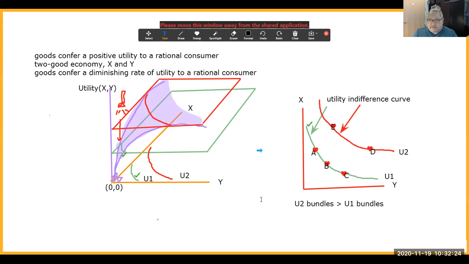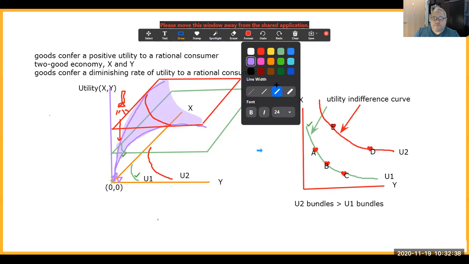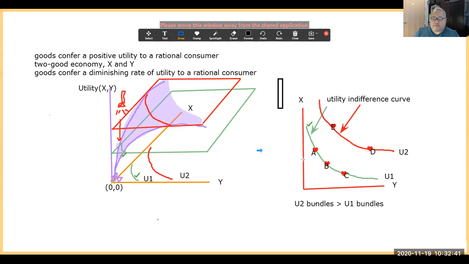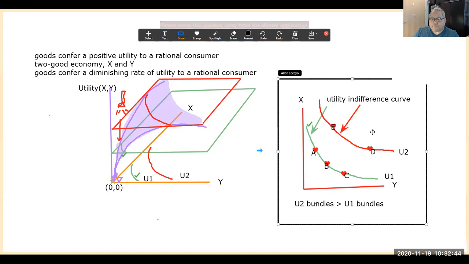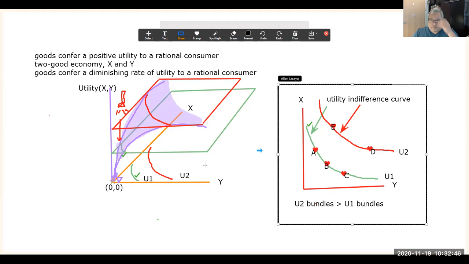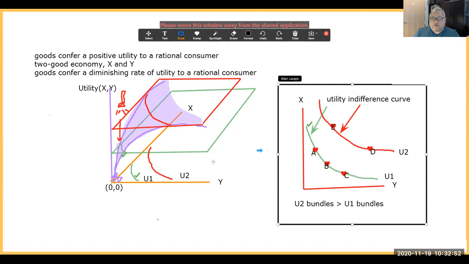And then the question is, which bundle offers what level of utility to the individual represented by these preferences. And obviously, we would prefer E and D over A or B or C. So that's purely a preferential mechanism of identifying consumer desires, consumer preferences.